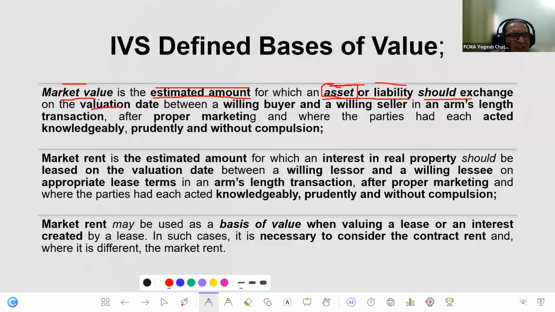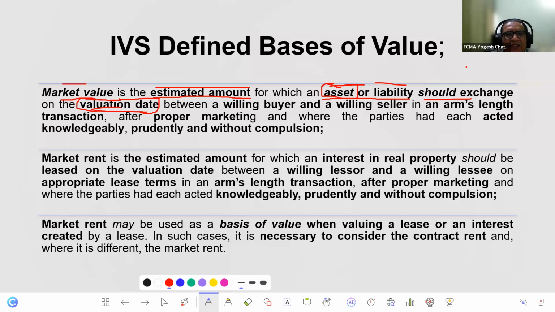Very important, a basis of value itself recognizes that the estimated amount is on the valuation date. Many times the question is asked, what is the validity of the valuation report? The validity of the valuation report is on the valuation date only. As we all are aware, the future is uncertain. Nobody in this world is able to predict the future with 100% accuracy.